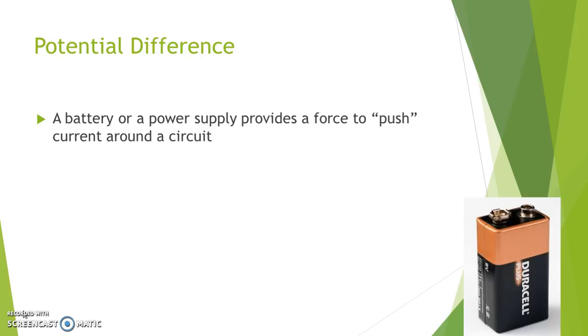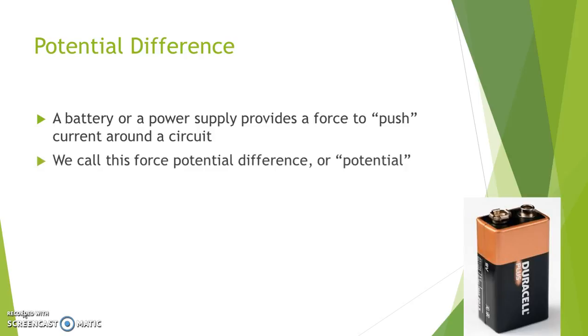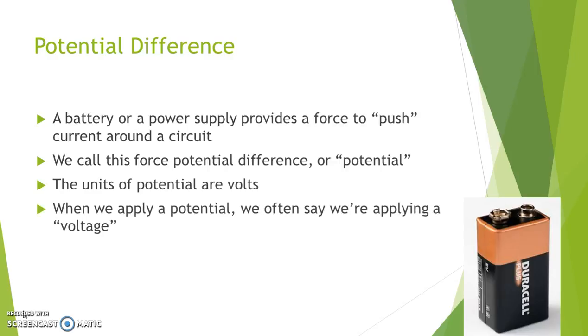More accurately, interestingly, it is a force to pull electrons around the circuit. But either way, we can look at it in those terms. So this force, we call it potential difference or potential. The units of potential are volts, and when we apply a potential, we'll often say we're applying a voltage.